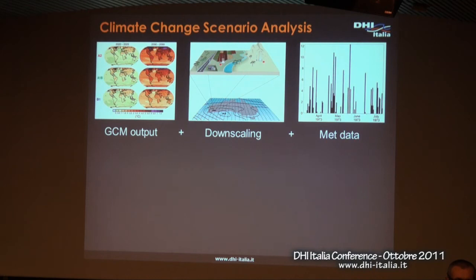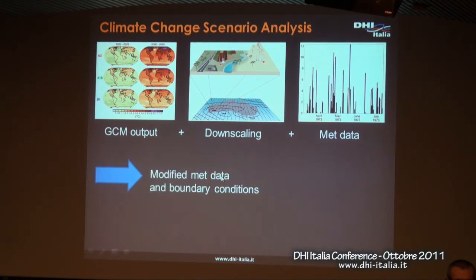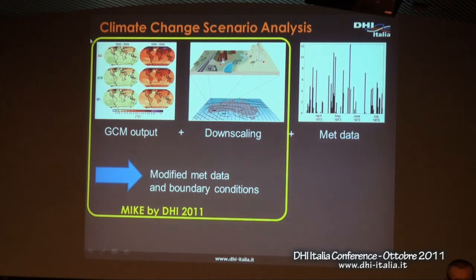And this is what the new feature can do. It will simply produce a new set of meteorological data, so DFS0 files for your MIC 11, MIC SHE, MIC flood model, whatever you have. So this part here, circled, is what comes with MIC 2011, the GCM output and the downscaling procedure.